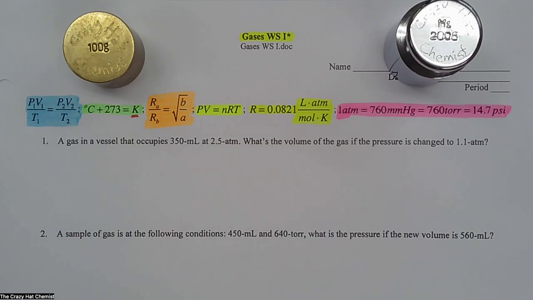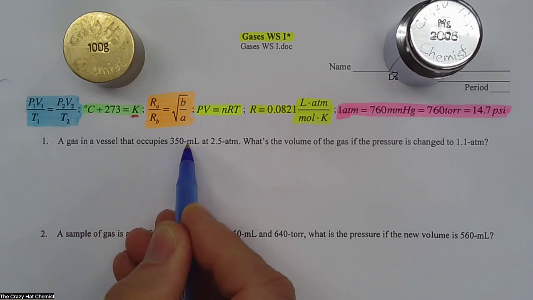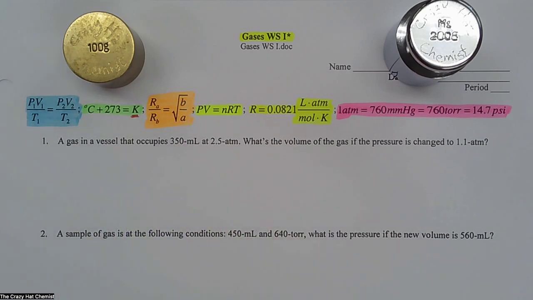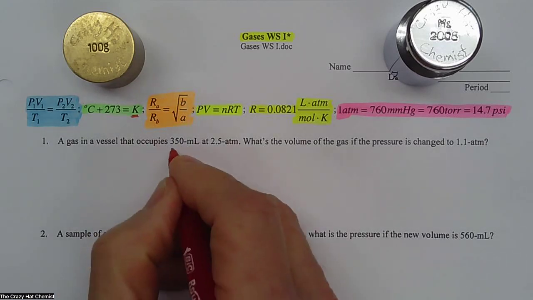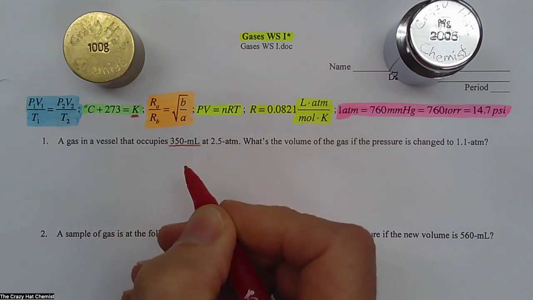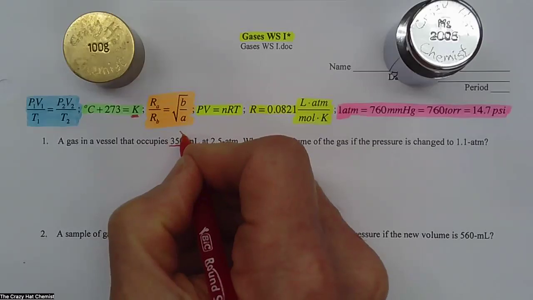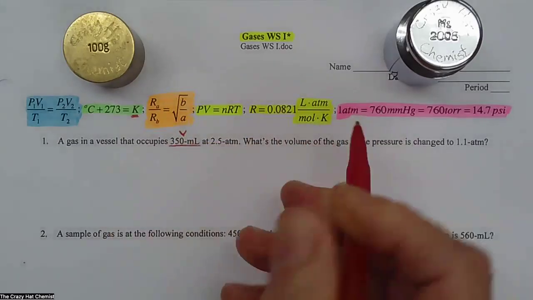Let's do problem number 1. It says: a gas in a vessel that occupies 350 mL. What we first need to do is figure out what this 350 mL is. Milliliters represents a volume, so we're going to call this V for volume.